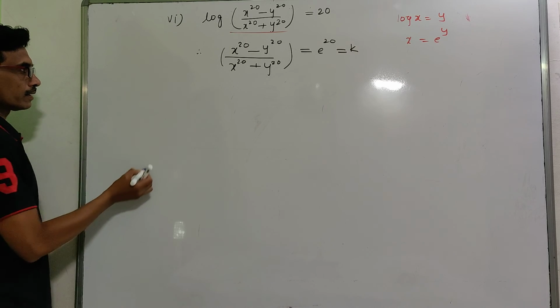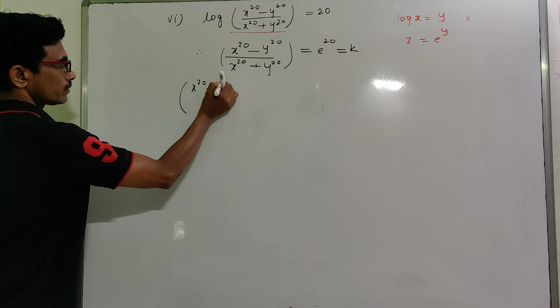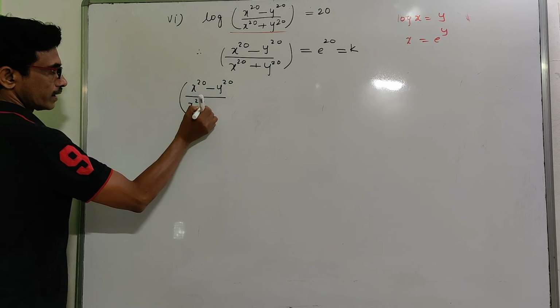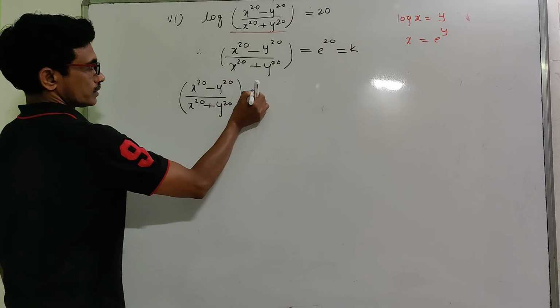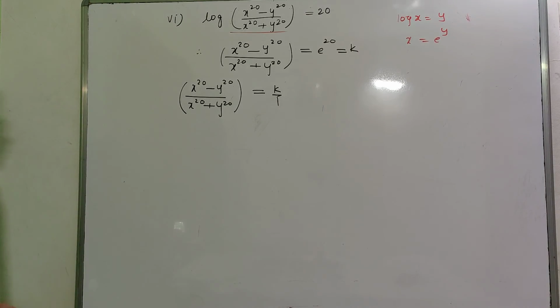So thus we are getting here (x^20 - y^20) upon (x^20 + y^20), which is equal to k upon 1. Now we use again componendo dividendo here.